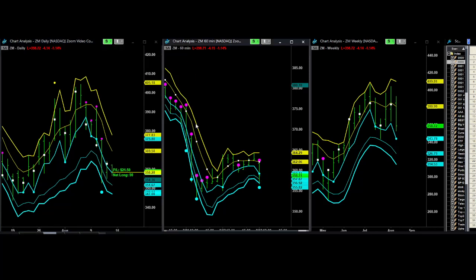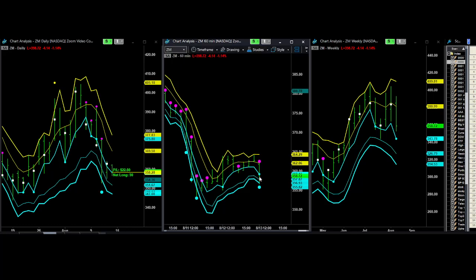From this 60-minute chart, the right tick, the current stock price, is around 358. When it starts to increase, there may still be some fluctuation, but the trend is starting to increase.